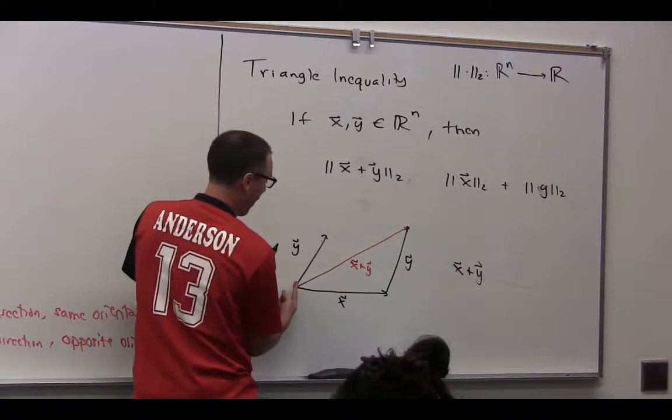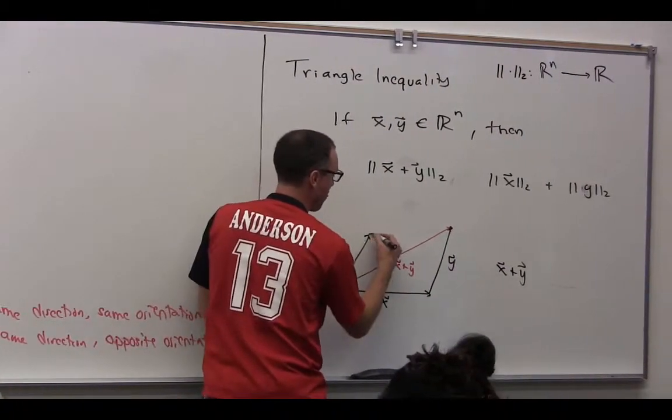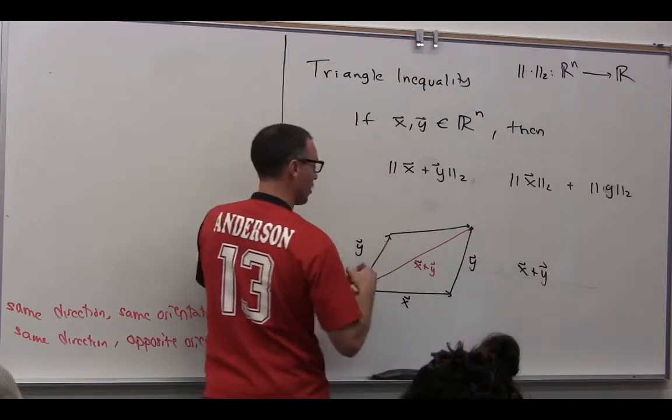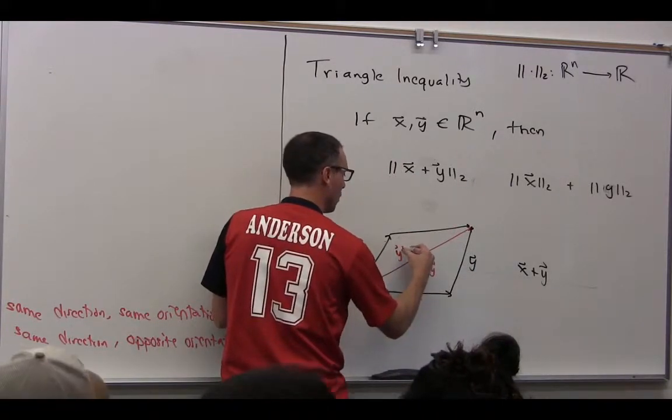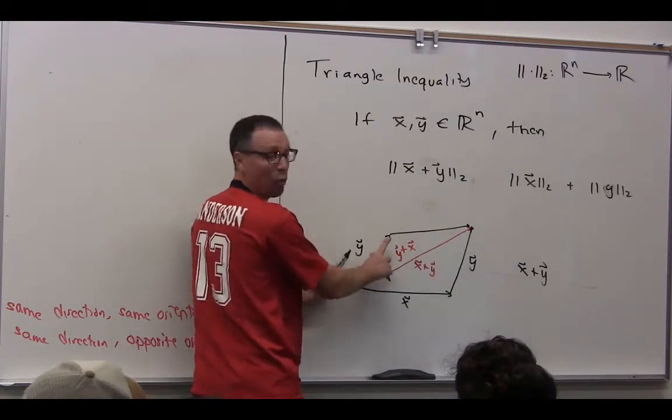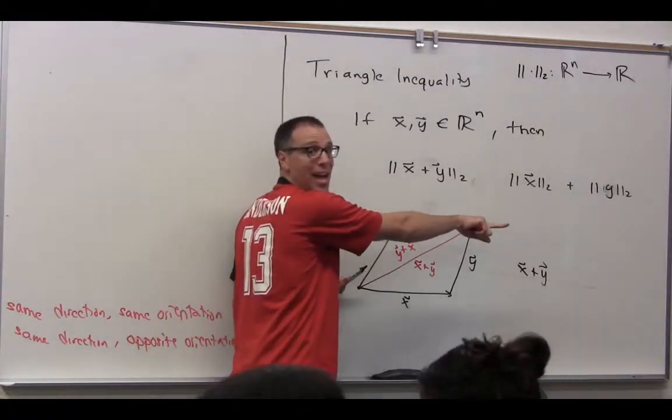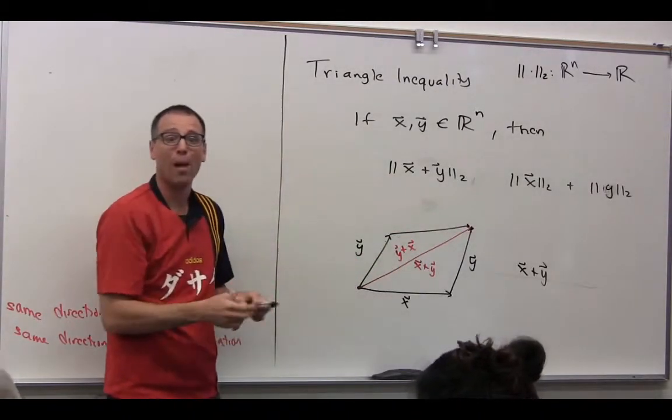What about this one? What if I went along y, then I went along x? What would the diagonal be in that case? Well, actually, we started with y, then we went to x, so we might call that y plus x.